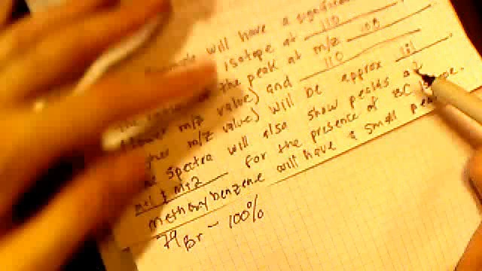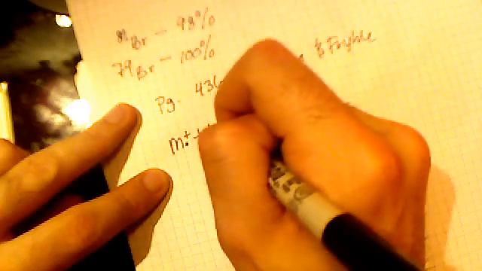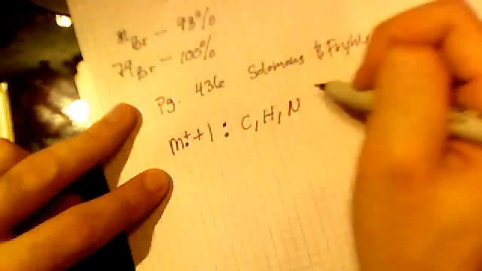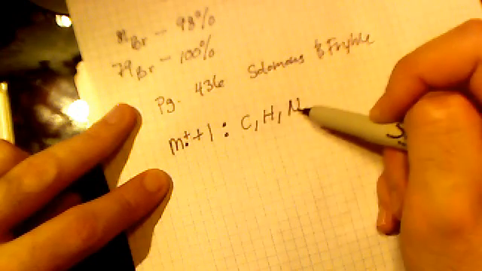There was a little bit more background information we needed though, and that was about, okay, so on page 436 of the Solomons and Fryhle textbook, they give us certain molecules that have a +1 peak, and those elements tend to be carbon, hydrogen, and nitrogen because of their isotopes carbon-13, hydrogen-2, nitrogen-15.